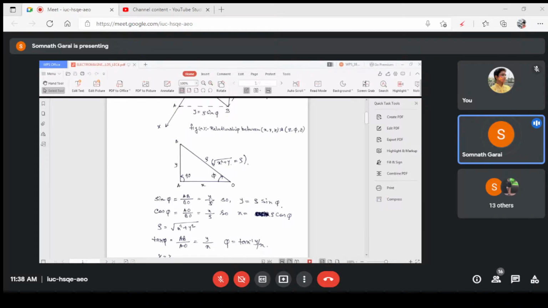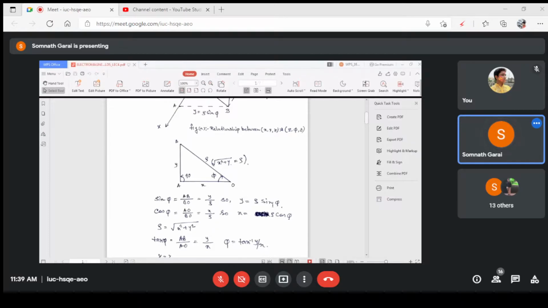That is the important formula: y is equal to rho sine phi. It is a very important formula for the relation between Cartesian and cylindrical coordinates. Okay, y is equal to rho sine phi.